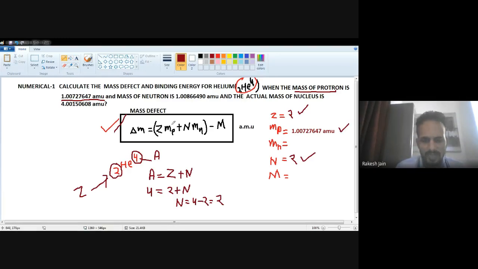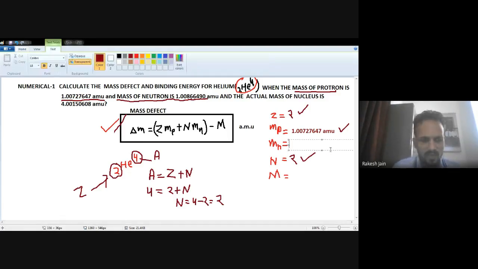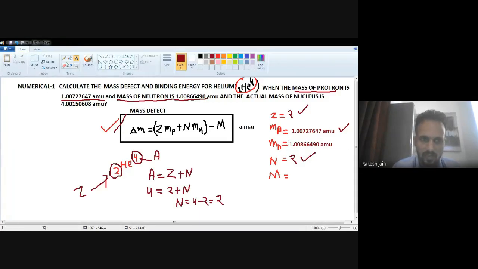What is Mn? Here it is clearly mentioned in the numerical that the mass of neutron, that is small m, is 1.00866490 AMU. So I write it down here. Mn is also given.